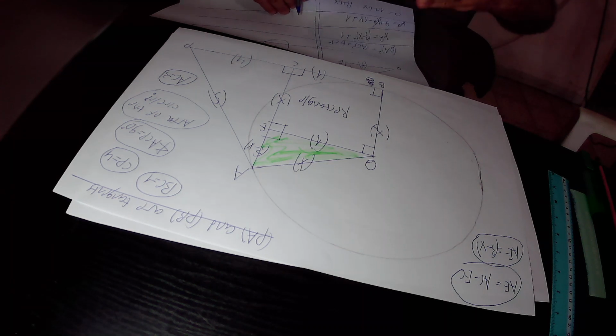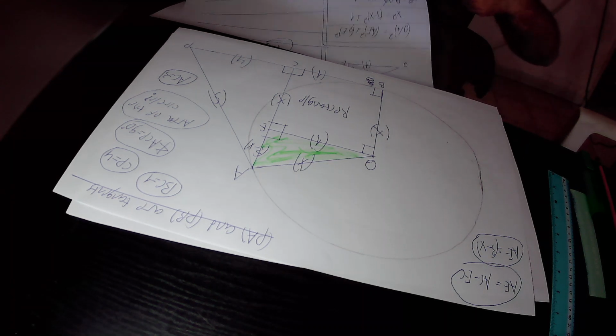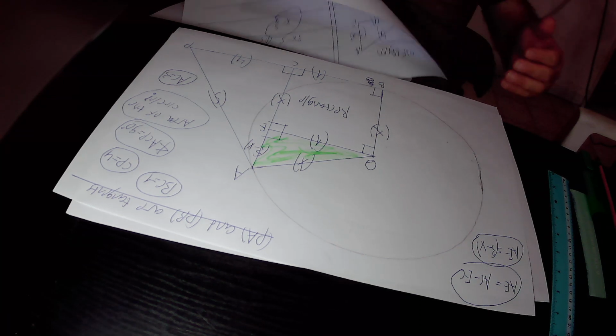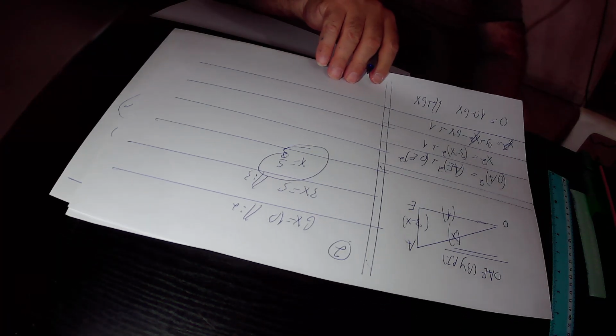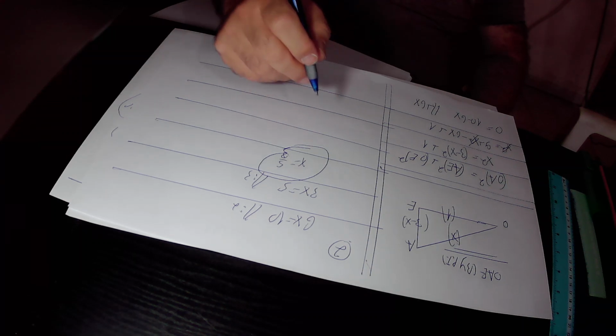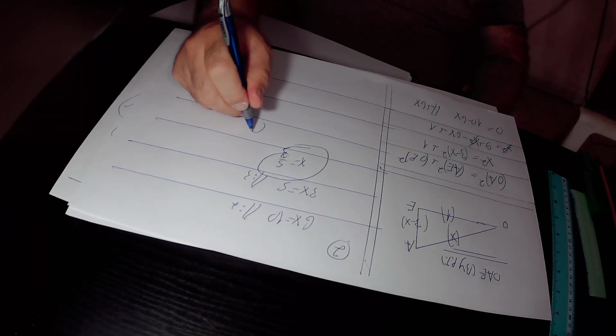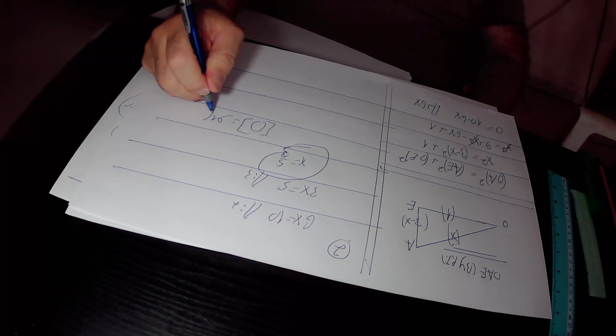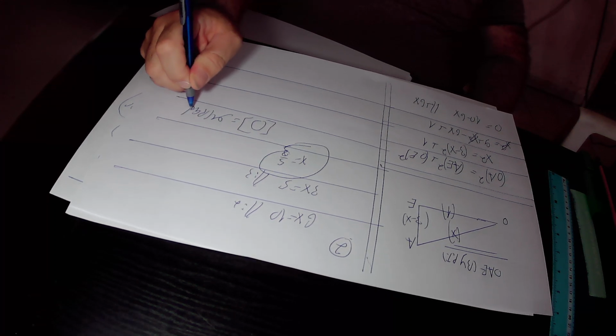Our mission is to find out the area of this circle. We know that the area of any circle equals pi times the radius of the circle squared. So it is known. The area of any circle is equal to pi times the radius of the circle squared.